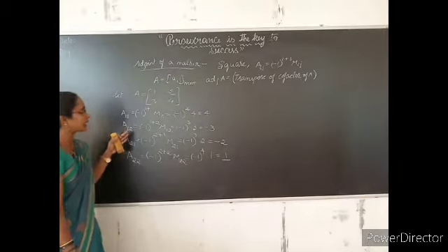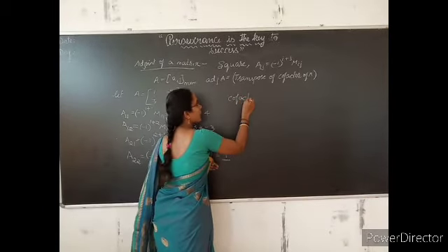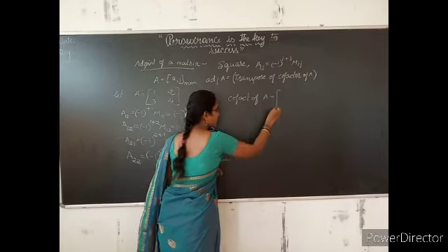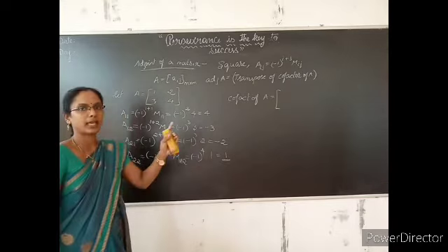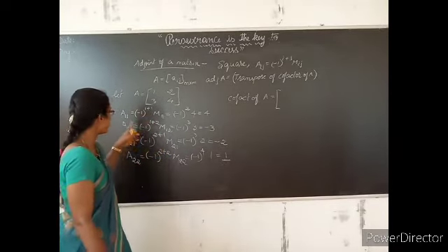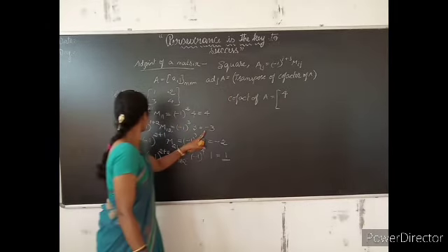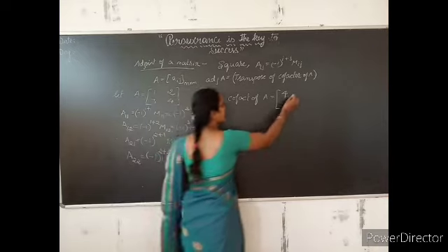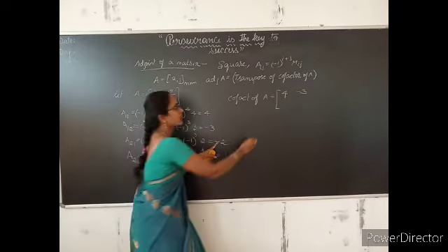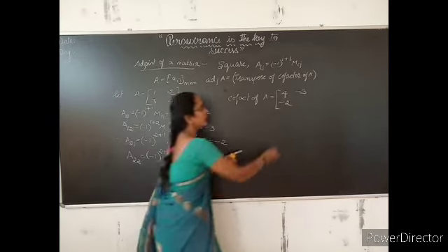So from this I can define the cofactor matrix. So cofactor of the matrix A is equal to capital A11, A12, capital A21, capital A22. Capital A11 is 4, capital A12 is minus 3, capital A21 is minus 2, and capital A22 is 1.